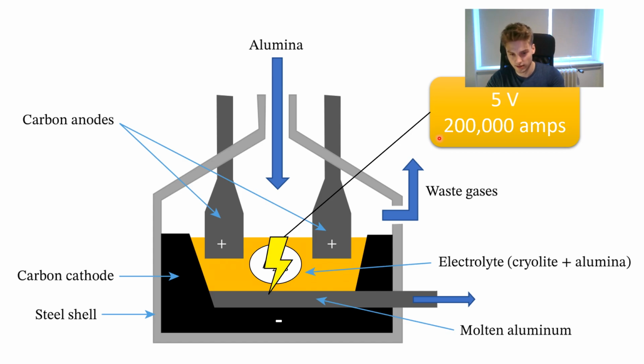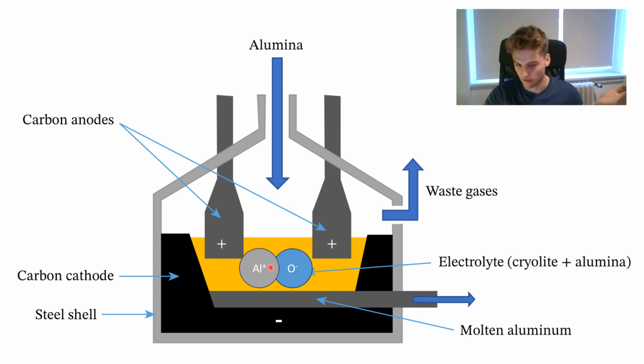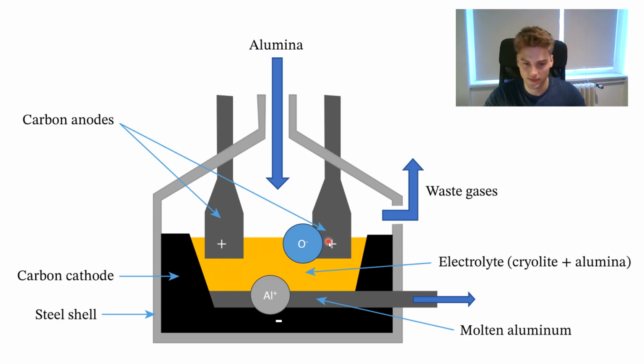And when we do that, the aluminum oxide splits into aluminum ions and oxygen ions. And based on the charge, these aluminum ions go to the negative cathode, and the negative oxygen ions go to the positive anode. They travel here.